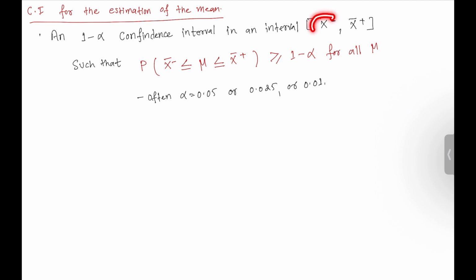If you look at the upper bound and the lower bound of this interval, these are actually random variables, because they depend on the sample. Depending upon what data you get in your sample, the sample mean will change, and so the upper and lower bound will also change. So both ends of the interval vary from sample to sample.